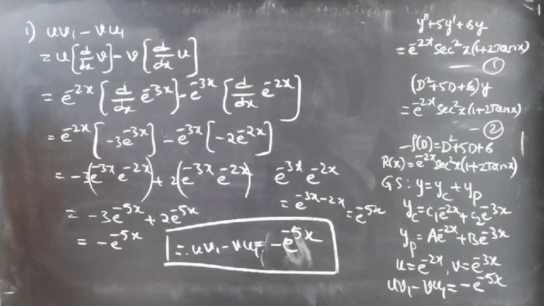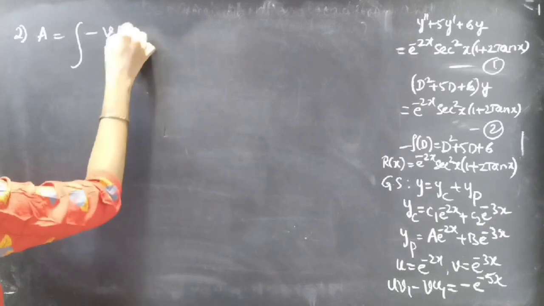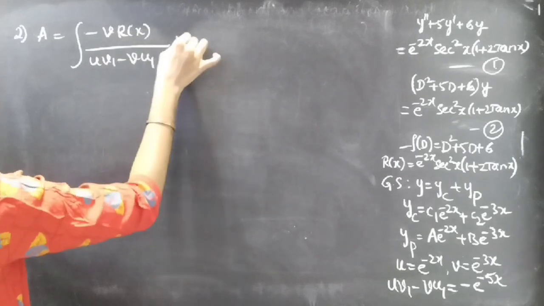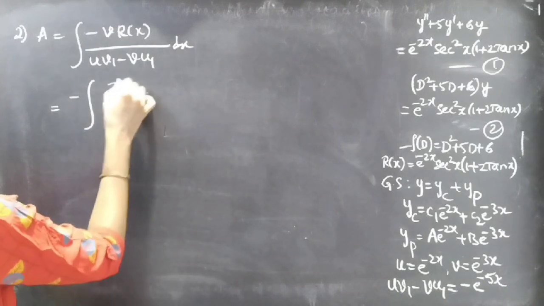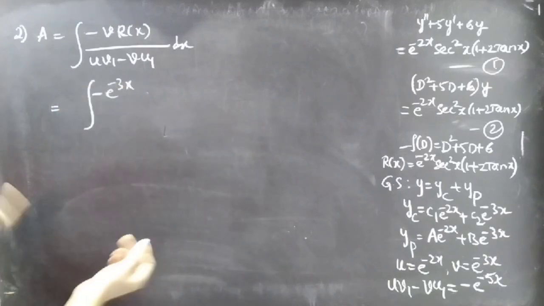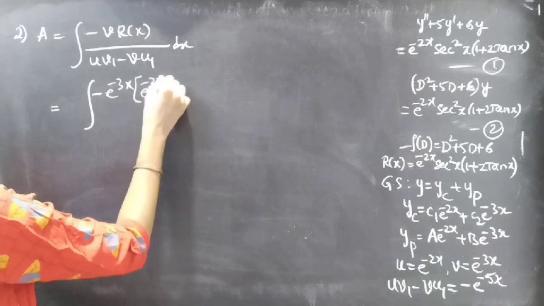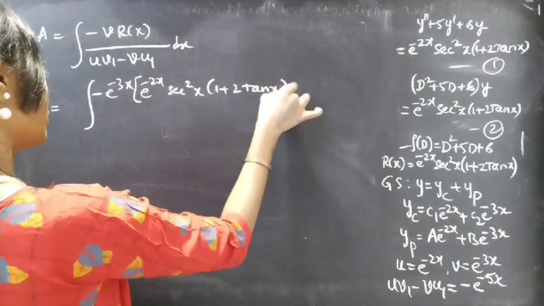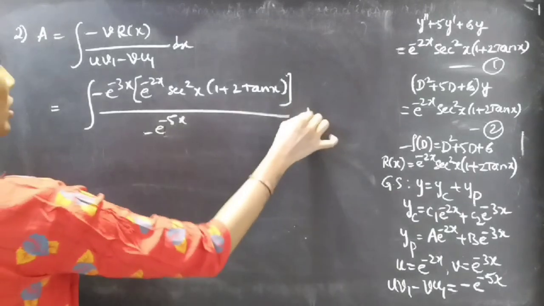Now coming to a, it is given by integral minus v into r of x by u v1 minus v u1 into dx, which equals minus integral, v is e power minus 3x, into r of x. Let's write minus inside the integral, that's not an issue. R of x is e power minus 2x secant square x of 1 plus 2 tan x, by u v1 minus v u1, which is minus e power minus 5x, into dx.